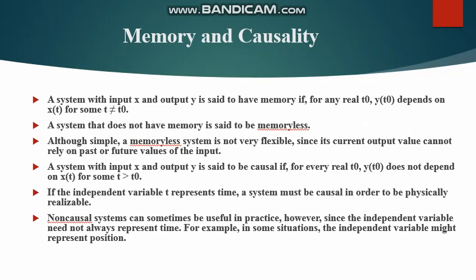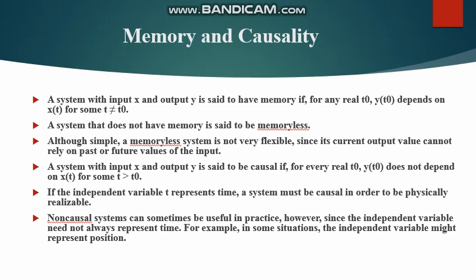You can now call a system with constant values, or where the previous values come back again, a system with memory. But a memoryless system has different values, different inputs, different outputs.